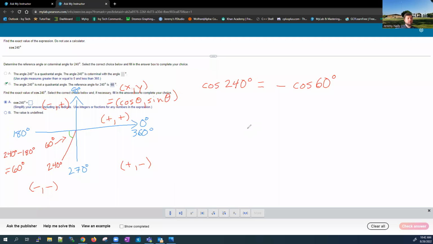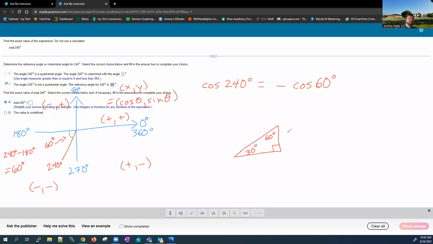I'll probably save that for another video, but I'll get it from the 30, 60, 90 triangle. So all right triangles, I like to think that all right triangles live in quadrant 1. Okay, so let's see. So 30 degrees, 60 degrees, and then of course we have the right angle, 90 degrees.